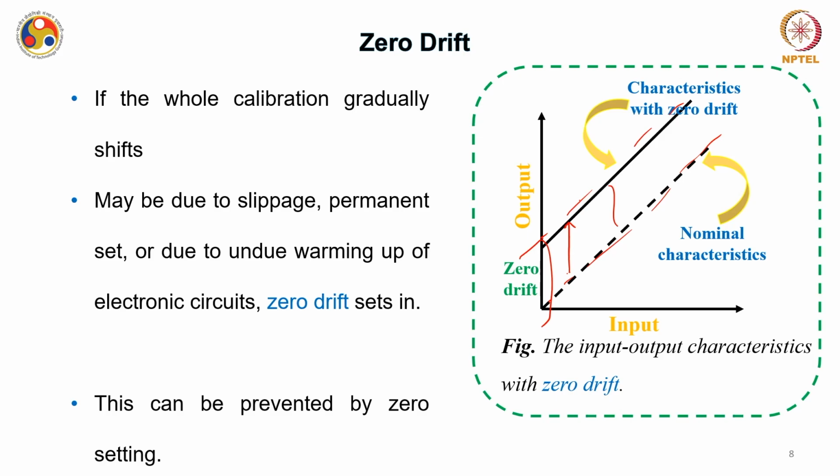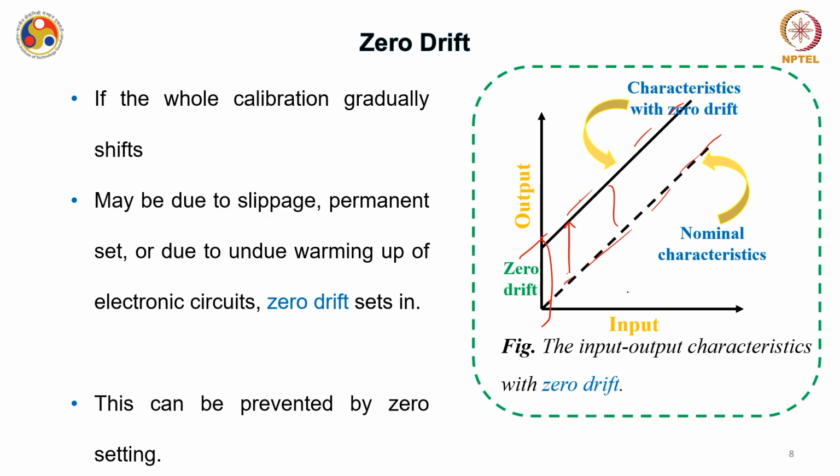There can be various reasons for this shift. This can be due to slippage, due to permanent set in an instrument. Like say if the instrument is using some spring based component, there can be a permanent set in that particular spring. Or it can also be due to certain undue warming which is not desired.